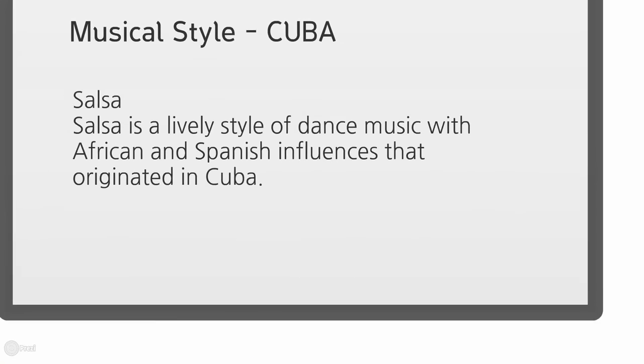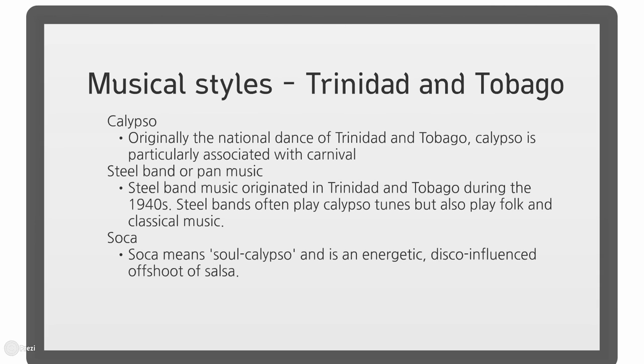Okay, let's take a look now at the musical style in Trinidad and Tobago. In these places there are a few styles of music that originated here, like calypso, which is originally the national dance of Trinidad and Tobago.